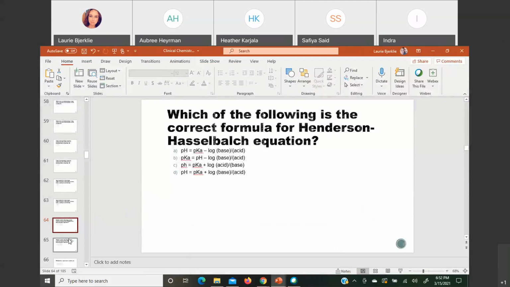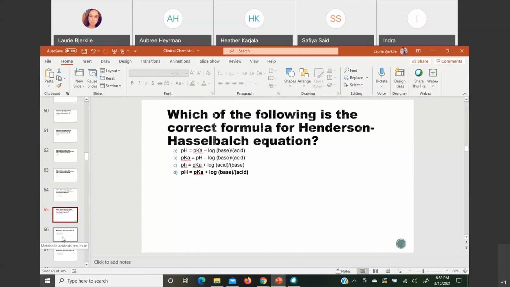Okay, so we have a few guesses because it's hard to pick it out when it's lined up like this. It is D. So pKa plus the log of base over acid. So again, it's just memorizing it. You do not need to know how to calculate it, just memorize it.